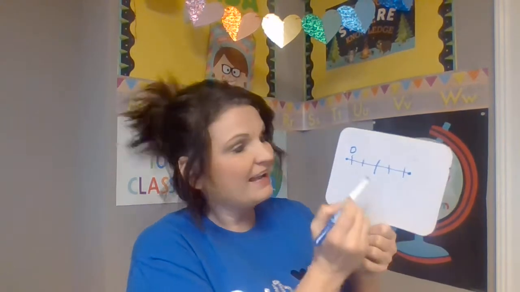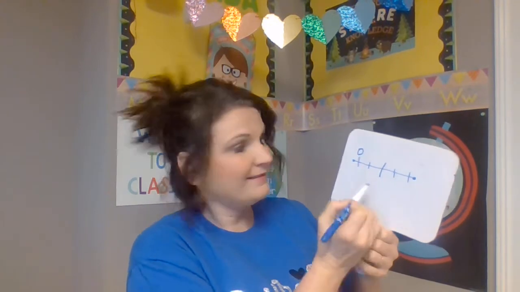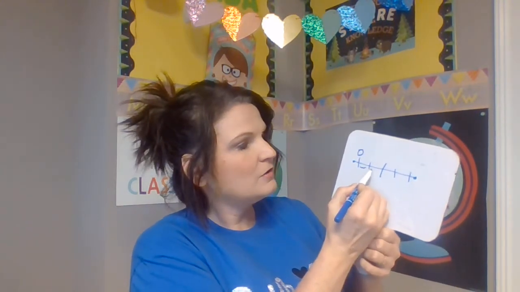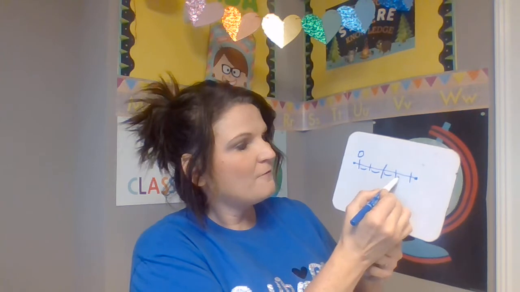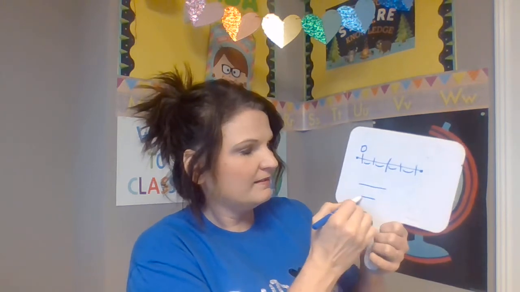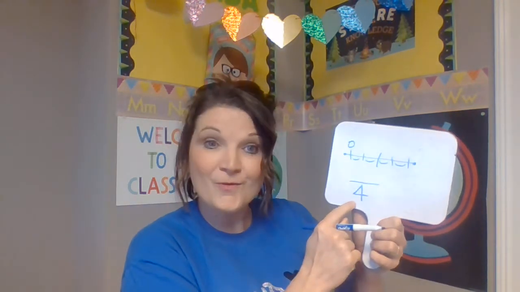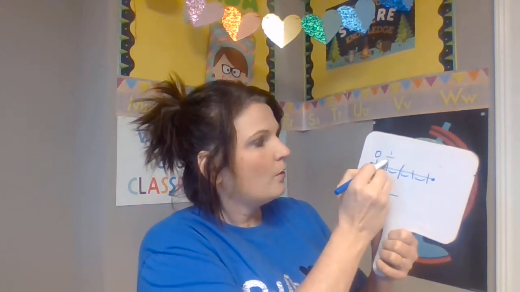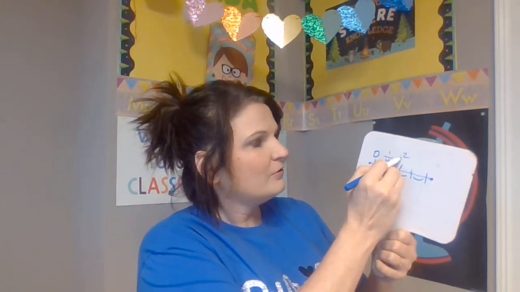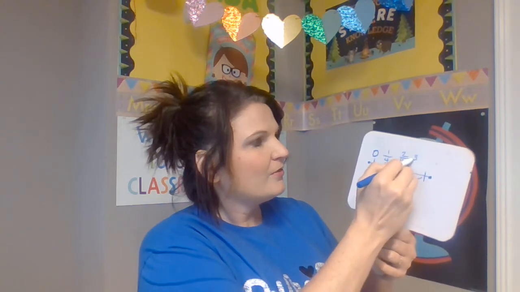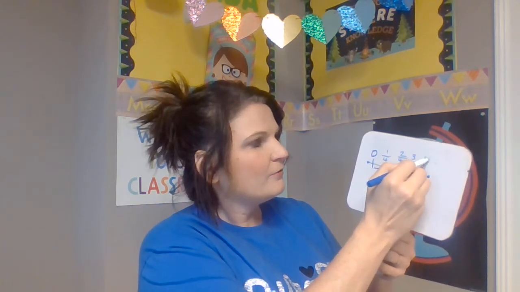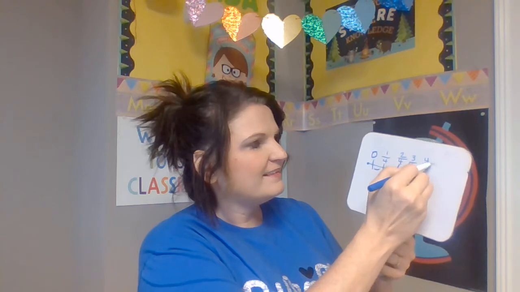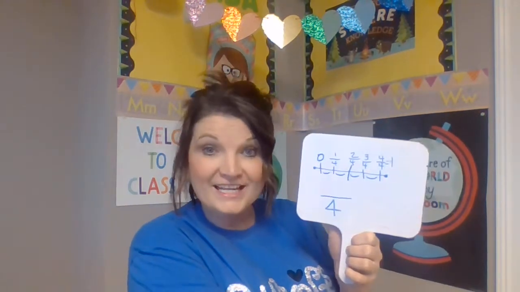So the first thing I count are my spaces: 1, 2, 3, 4, which we just talked about, that quarters are fourths. So this is 1/4, 2/4, 3/4, 4/4, or that's the same as a whole inch.